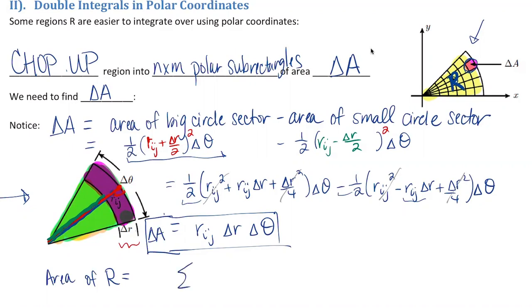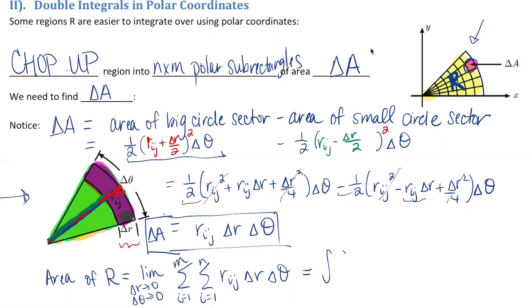I'm going to be adding up these little delta A's, and then taking the limit as both my delta r and delta theta go to 0, which is the same as my M and my N going to infinity. And this is just a limit of a Riemann sum.